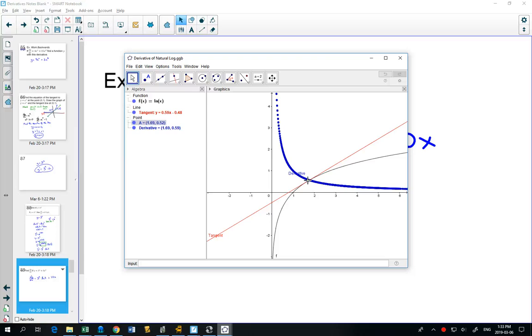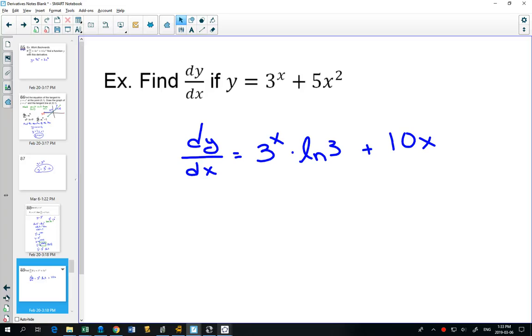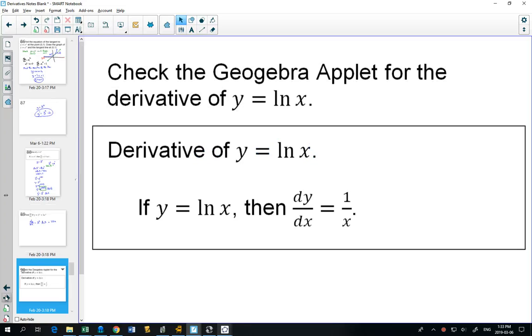What graph does that look like? Have you seen that shape before? Does it look like it has an asymptote at 0 and an asymptote at x equals 0? And did you cheat and look ahead in your notes and see that it was the 1 over x graph?